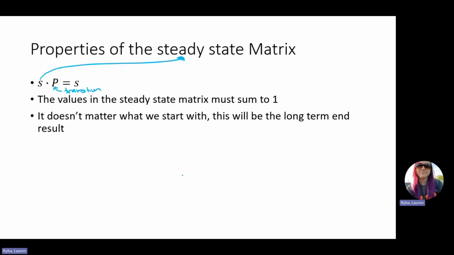So if you take your steady state and you multiply by the transition and nothing changes, you have made the steady state matrix. The values in the steady state matrix must sum to 1. And no matter what we start with, eventually this will happen. No matter the situation, we will eventually reach a steady state.